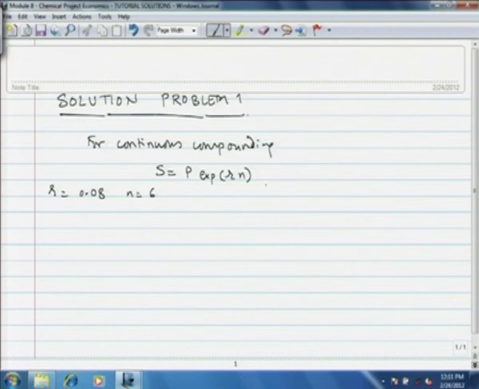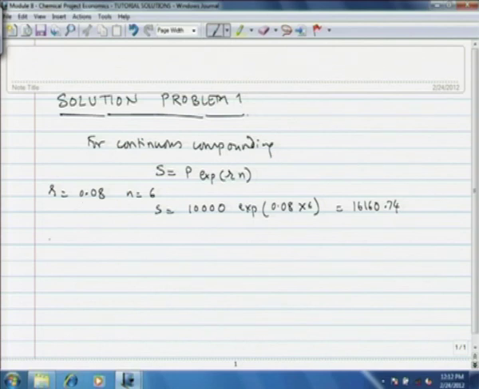So, we substitute values here, S is equal to 10,000 into exponential 0.08 into 6, and this gives us a value of 16160.74. So, that is the value of rupees 10,000 deposit after 6 years with continuous compounding at interest rate of 8%.